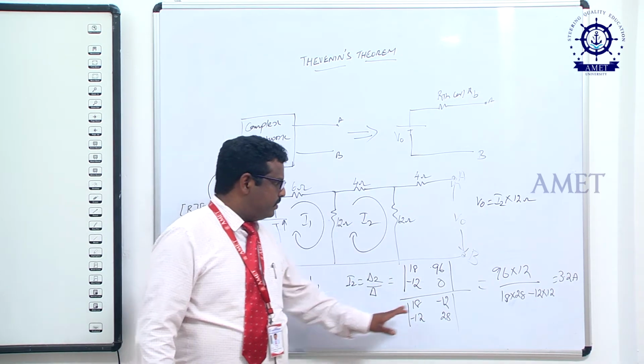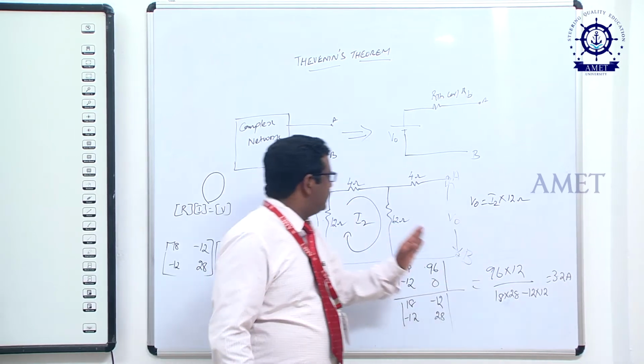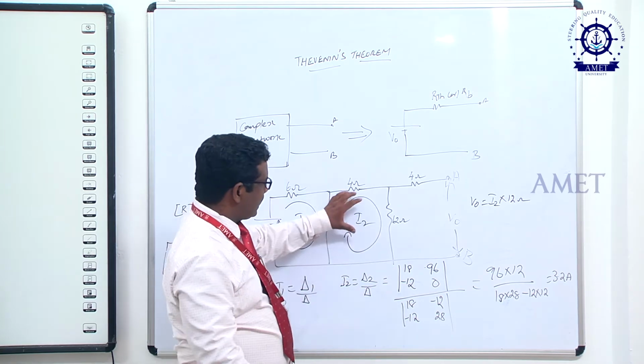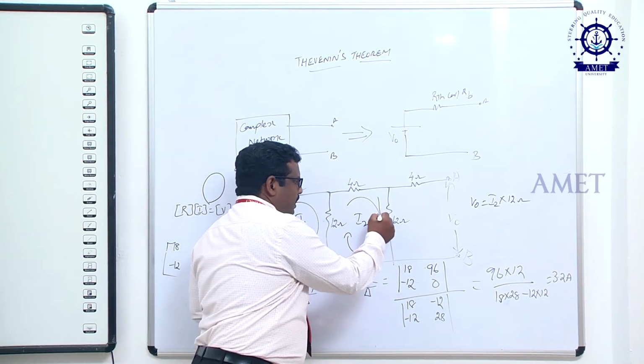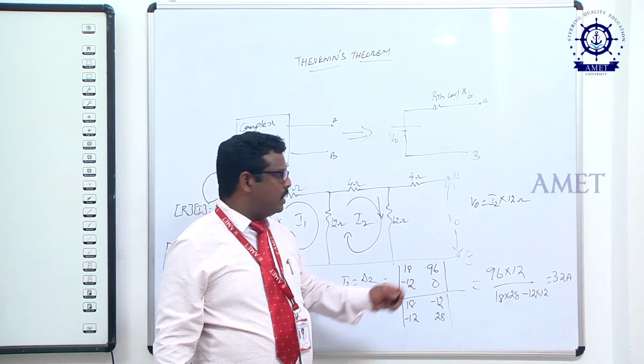Now we have found the I2 current. I2 current is nothing but 3.2 amps, right. That is, I2 current is the current flow through the second loop. Now I2 is the current flow through this loop, so I2 into that resistance, I into R, is called the voltage.